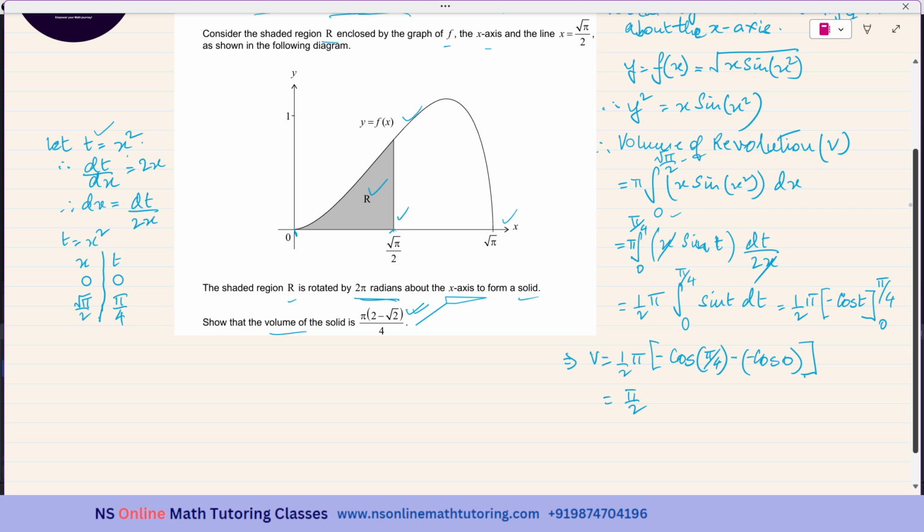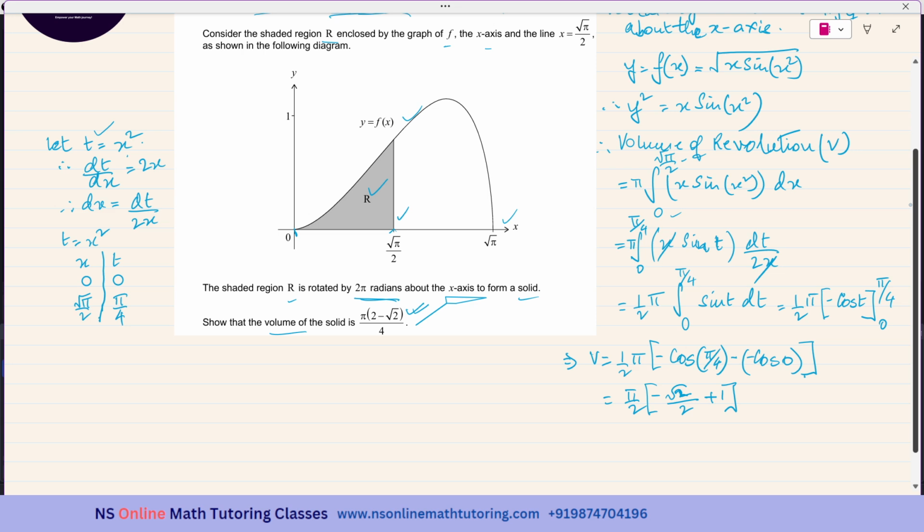It is better to write root 2 over 2. So I am writing minus cos pi over 4 is equal to minus root 2 over 2. And minus of minus is plus, so cos 0 is 1. So it is plus 1.